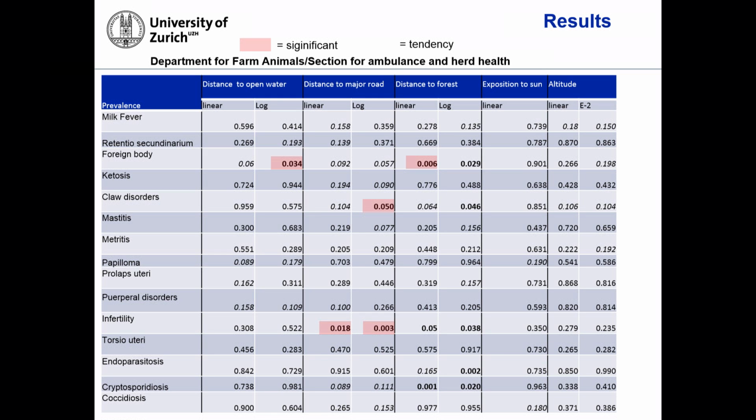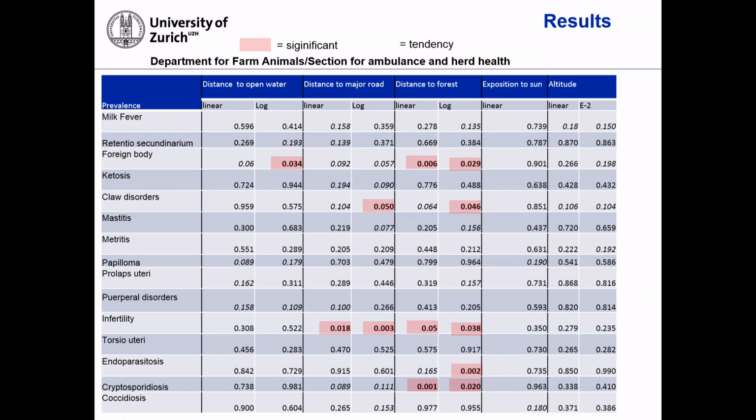Then, for distance to forest, we found a significant correlation with foreign bodies, again both linear and log distance, and for claw disorders and infertility. Also, both linear and log were significant. Endoparasitosis was also significant for the distance to the next forest.